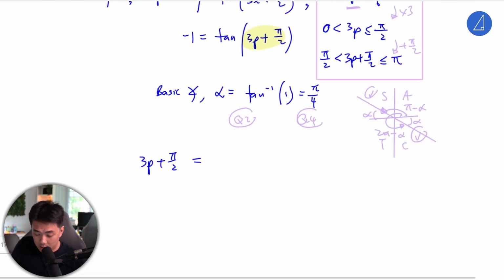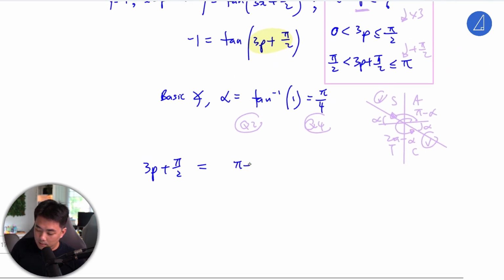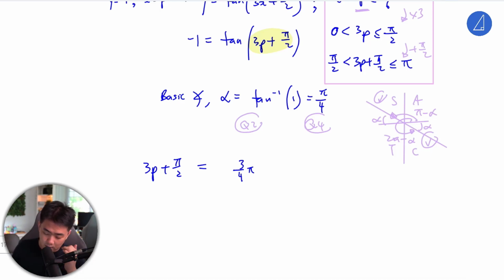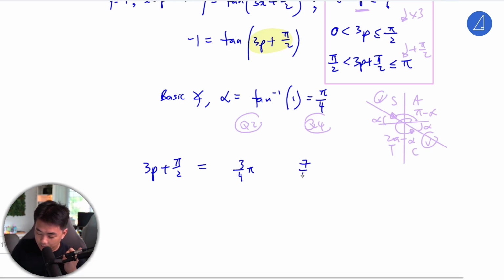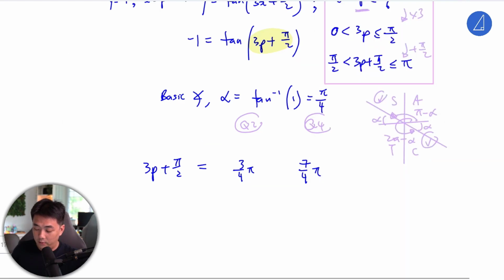So quadrant 2 is pi minus pi over 4, which is 3/4 pi. 2 pi minus pi over 4 would be 7 over 4 pi. Just take note: 1 minus 1/4 gives 3/4 pi, and 2 minus 1/4 for the fourth quadrant gives 7 over 4. This is actually pi minus alpha and 2 pi minus alpha.